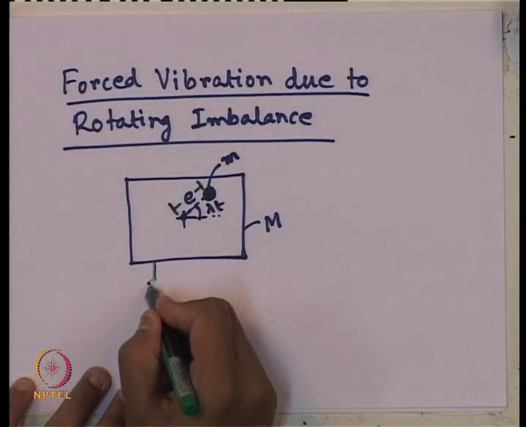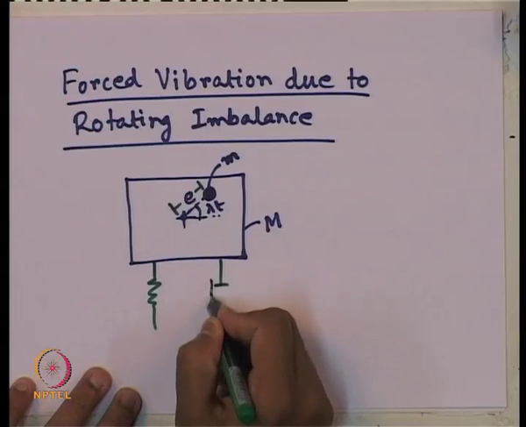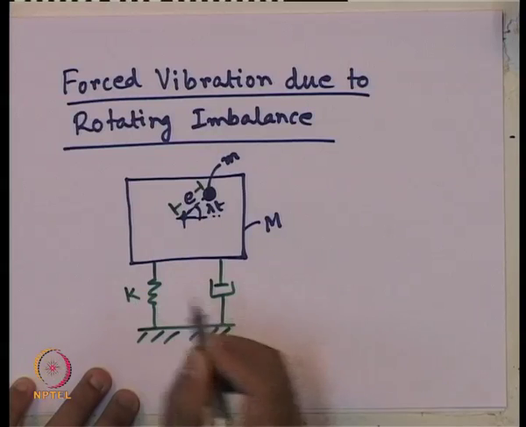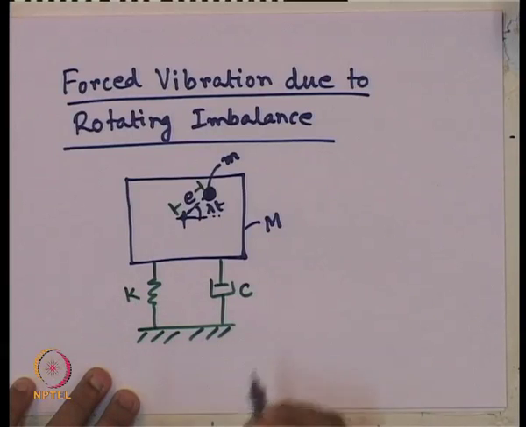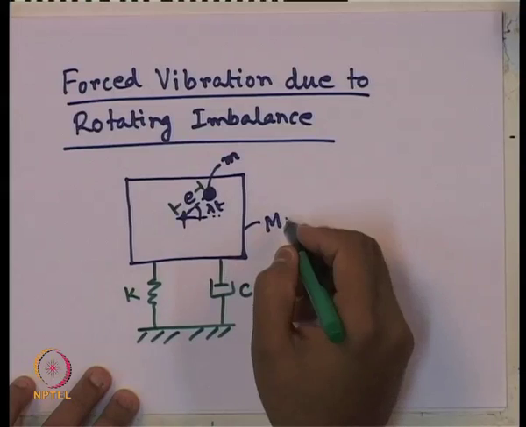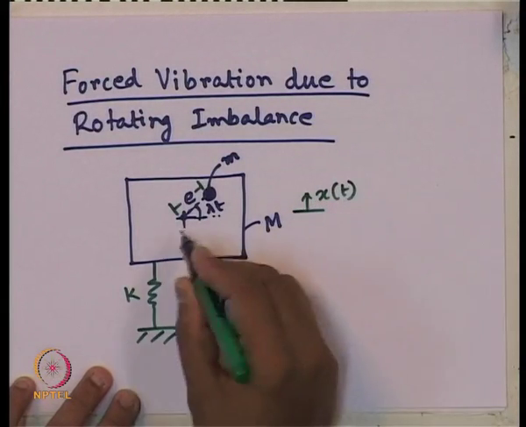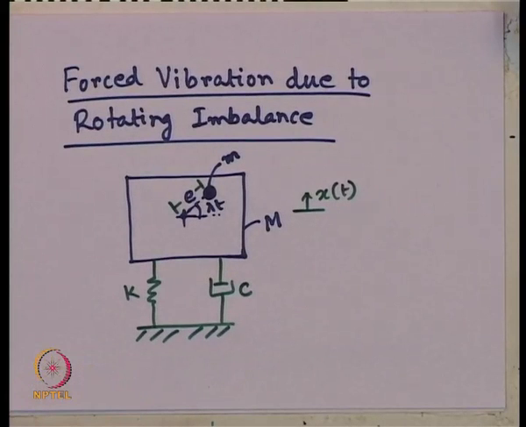Now, as usual, I have the single degree of freedom system we are considering, stiffness and damper. We have x of t with respect to the CG of the main mass.